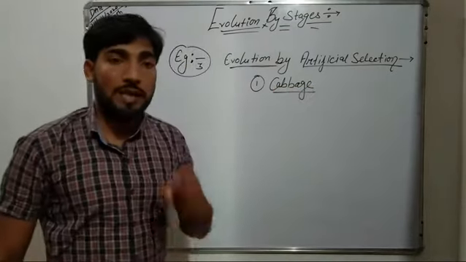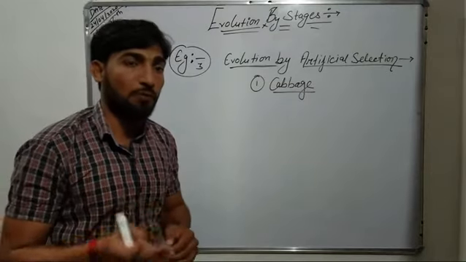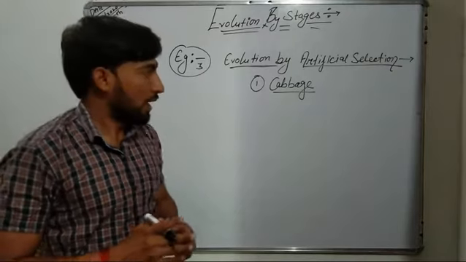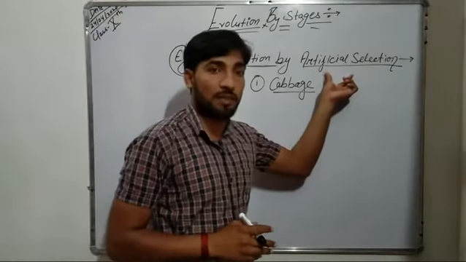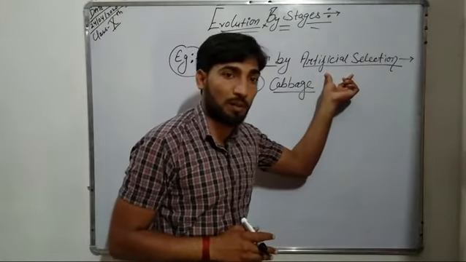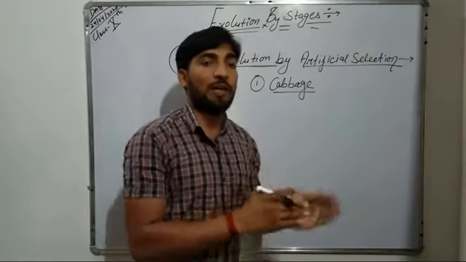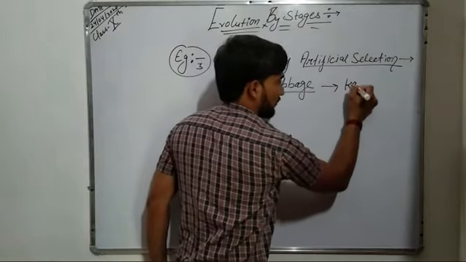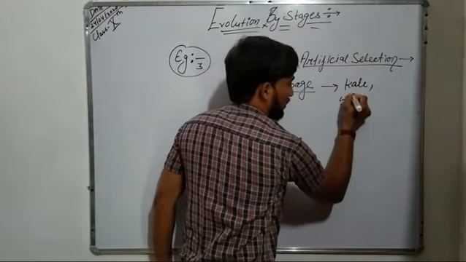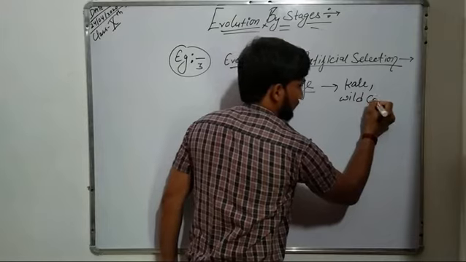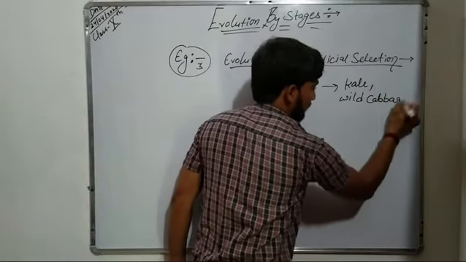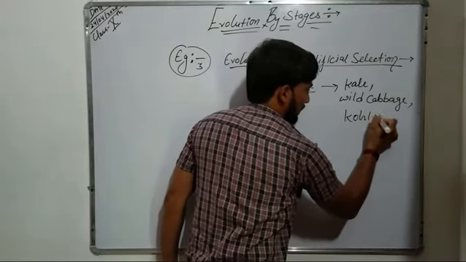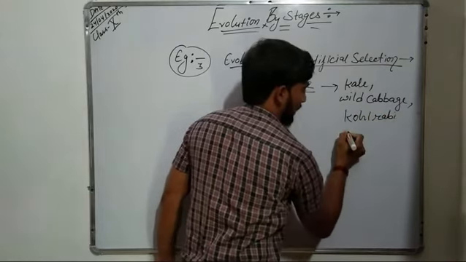So this cabbage has been used as a food plant for nearly the last 2000 years, and the artificial selection in cabbage plants resulted in different varieties of cabbage, such as kale, wild cabbage, kohlrabi, and broccoli.